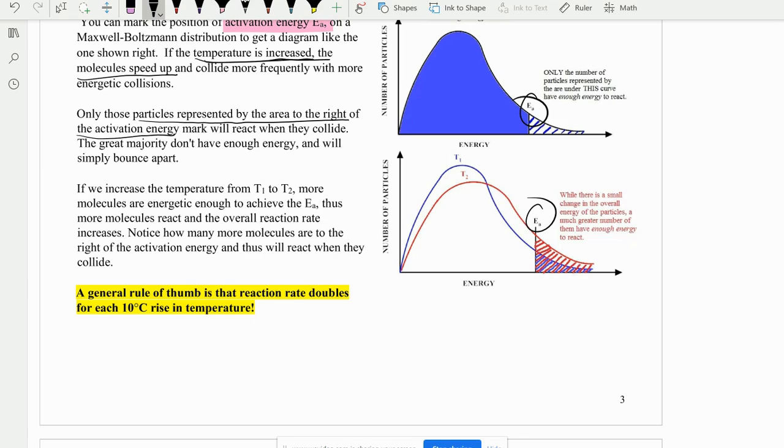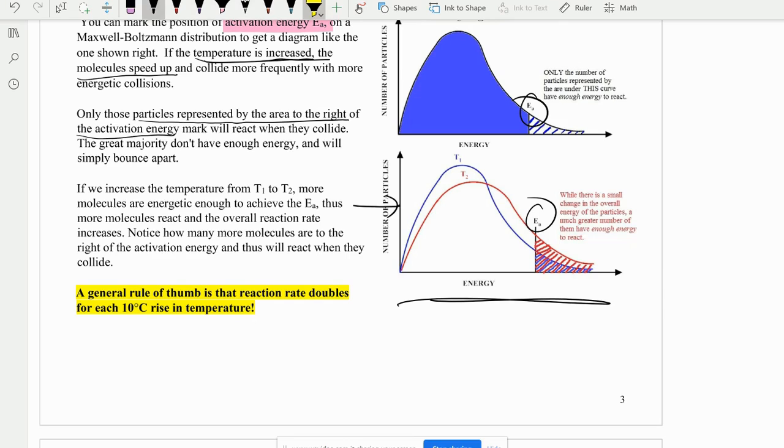So the big message here is if you increase the temperature, as you can see in this second graph, T1 versus T2, where T2 is the increased temperature, okay? That's because more molecules seem to be energetic enough to achieve that activation energy. Thus, you're going to see more molecules reacting and the overall reaction rate will increase, of course. So notice how many more molecules in this second graph are to the right of the activation energy compared to the blue curve, the T1 curve.